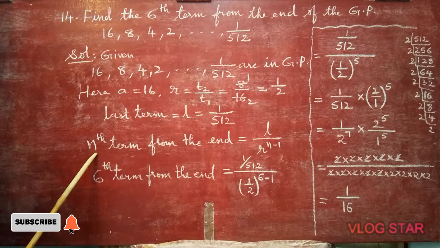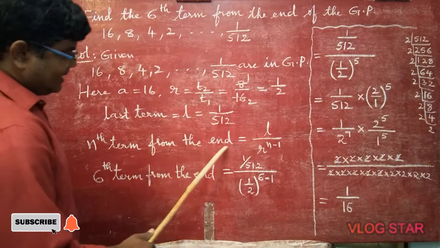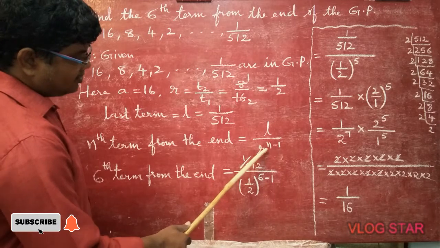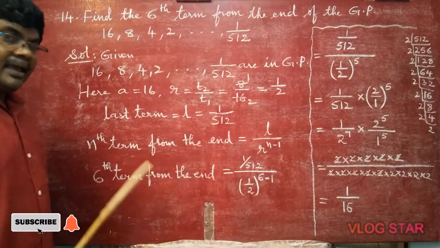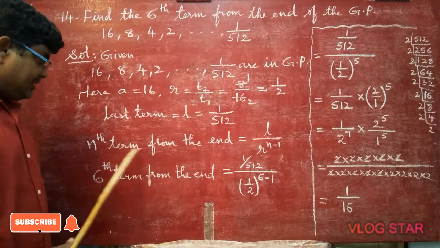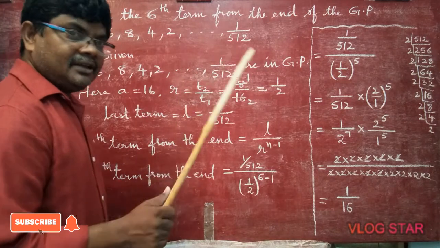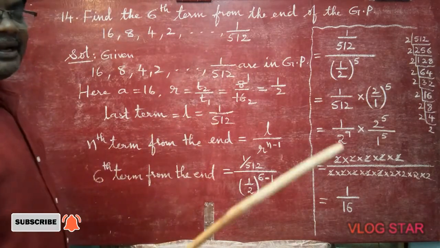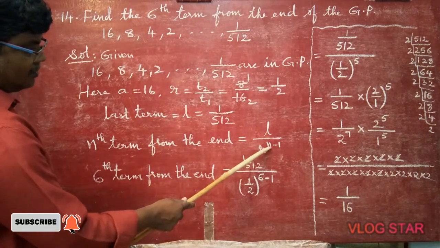Formula, very important, note down this formula. The nth term from the end is equal to the last term by R to the power of n minus 1. In AP, the nth term from the end is L minus (n minus 1) into D. Compare those both formulas. Formulas will be repeating in AP and GP. So, L by R to the power of n minus 1.